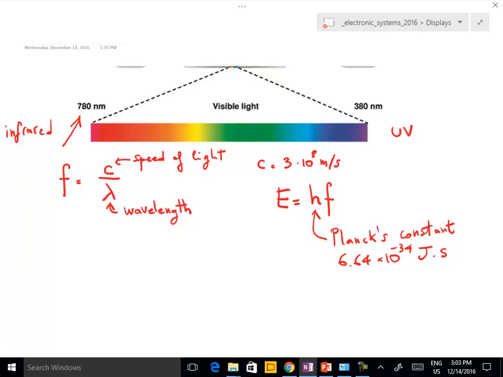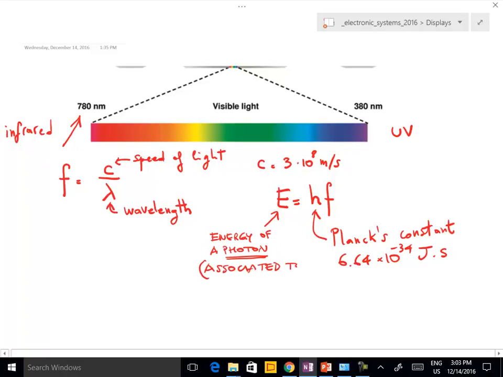This is the energy of a photon associated to f.